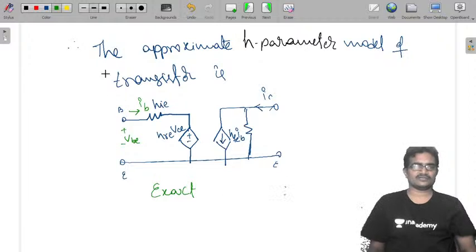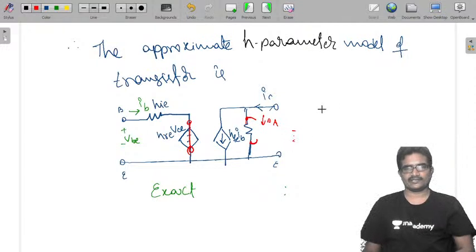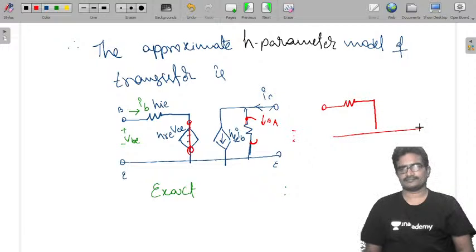In approximate, what have you done? HRE into VCE, you have taken 0. It is short circuited and this one is open circuited. It is open circuited, no current through this. Current through this one is 0 amperes. Now it is simply like this.